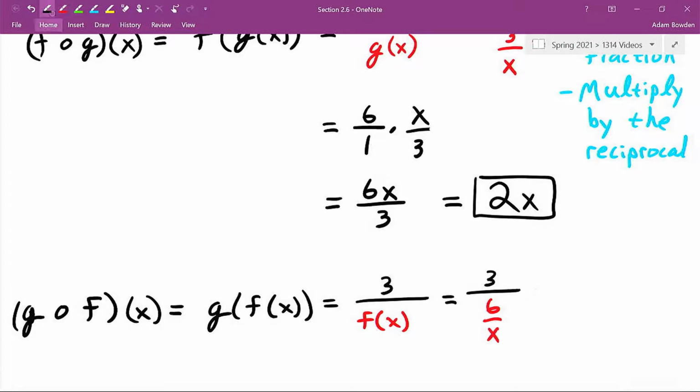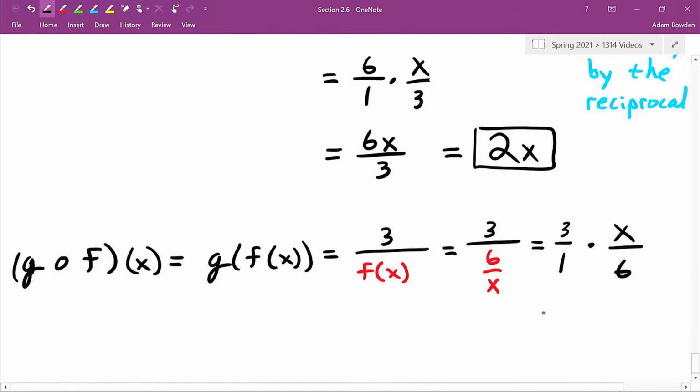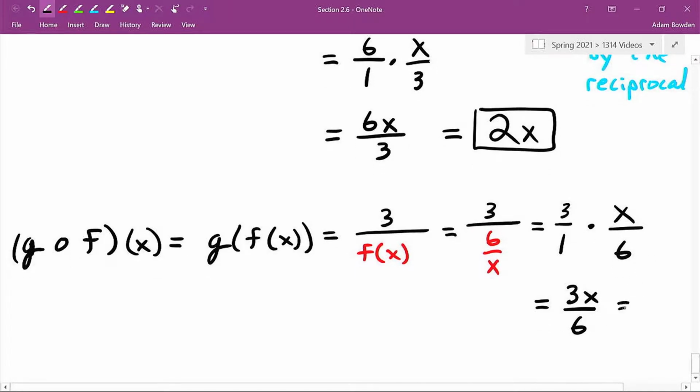So I'll change that from divide by a fraction to multiply by the reciprocal. 3 over 1 times x over 6. And that would turn into 3x over 6. And that would reduce down to just x over 2.